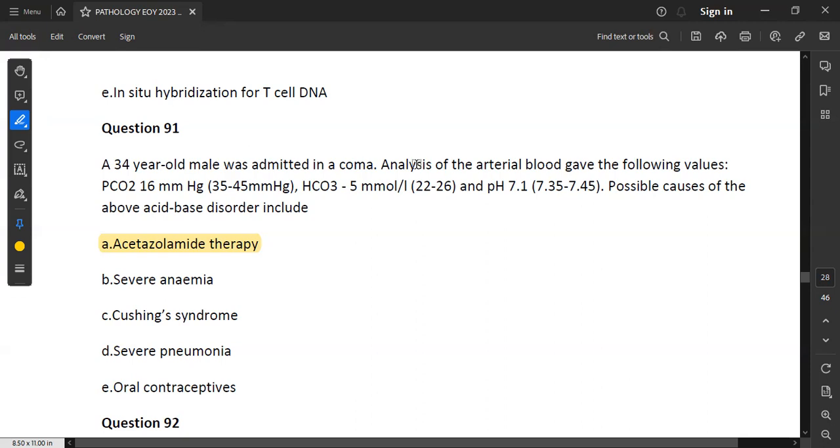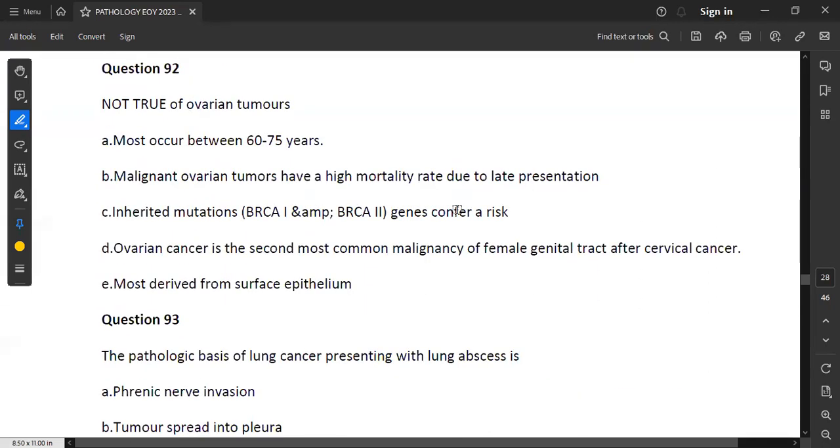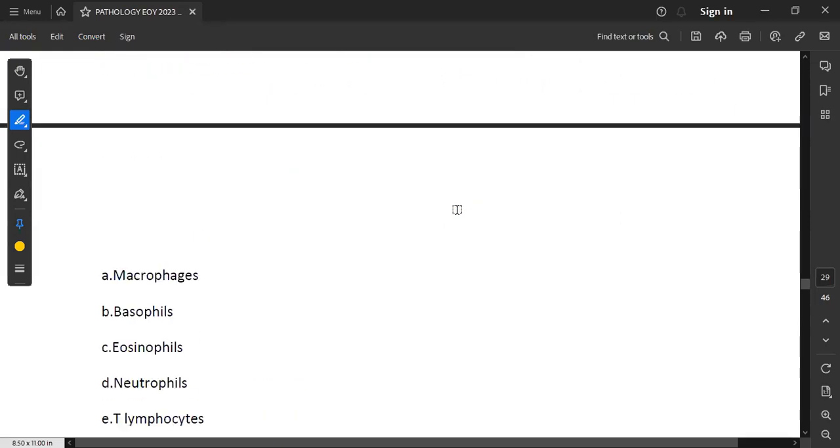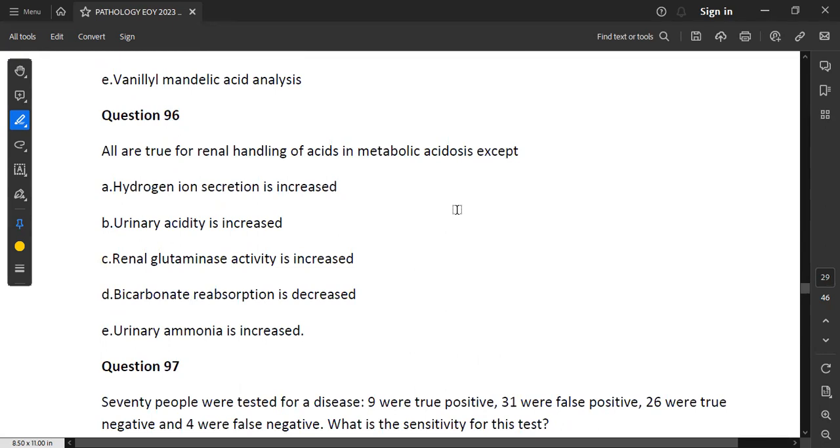Okay, we go to the next question. Number 96. All are true for renal handling of acids in metabolic acidosis except, what do we think is the answer here?